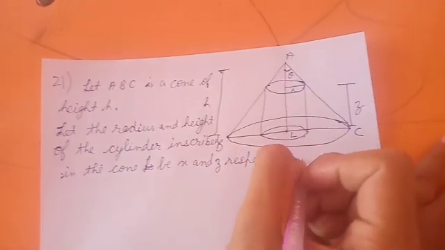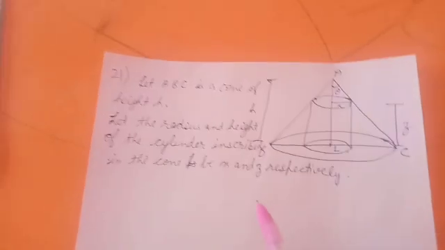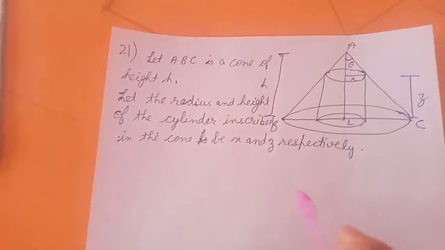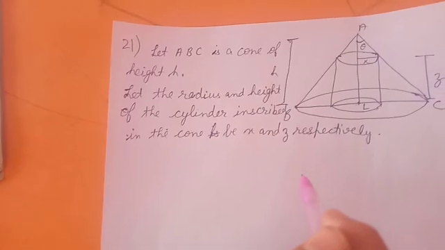This means x is the radius of the cylinder and z is the height of the cylinder. Again, in this we have to find the maximum volume of the cylinder.